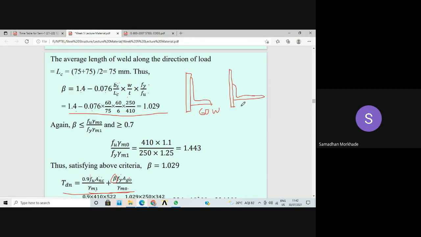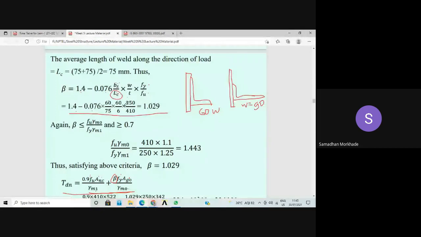So in this case your W is 90 outstanding. Not that every time when the shorter leg is connected, W is 60. Not like that. See the difference, note it. Don't follow blindly.